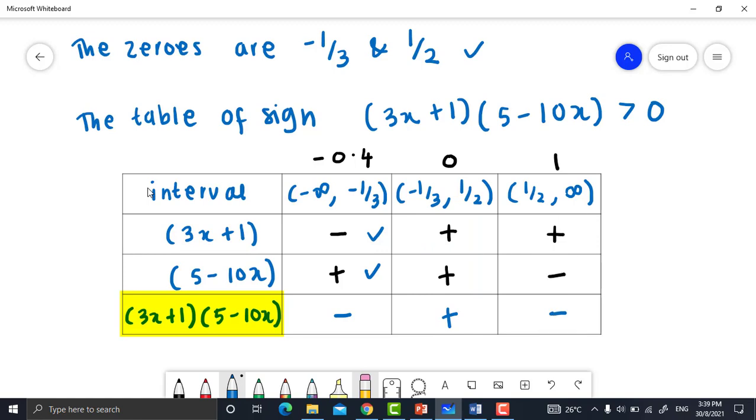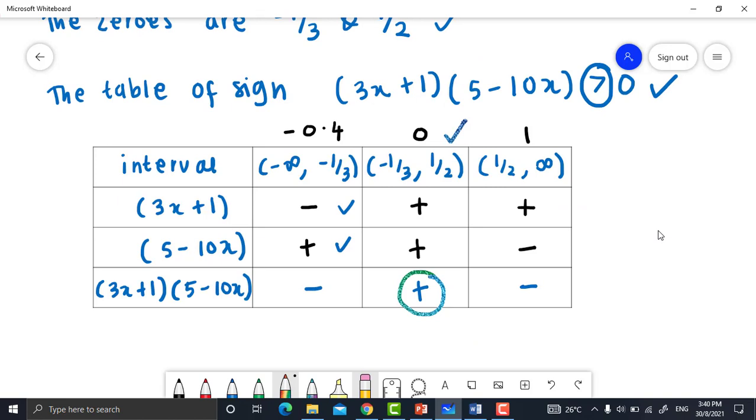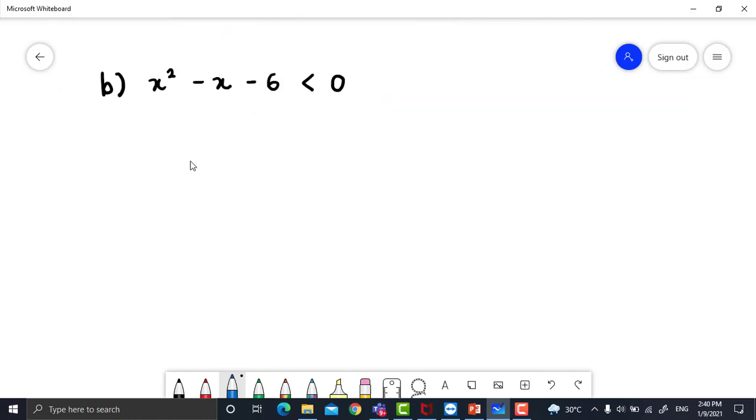Since the inequality is 3x plus 1 multiply 5 minus 10x greater than 0, you choose positive sign. So positive sign is right here, this interval. Therefore, the solution is negative 1 over 3 to 1 over 2.